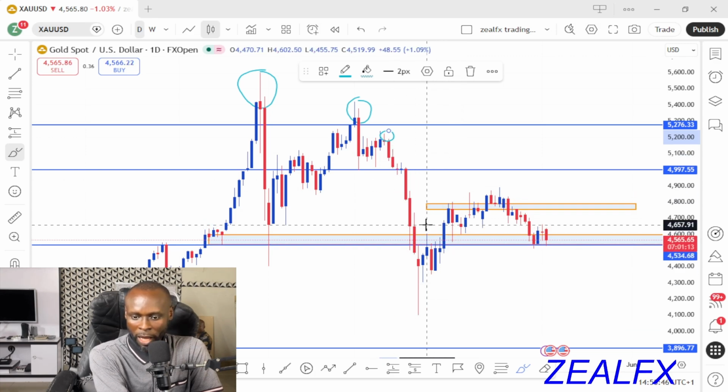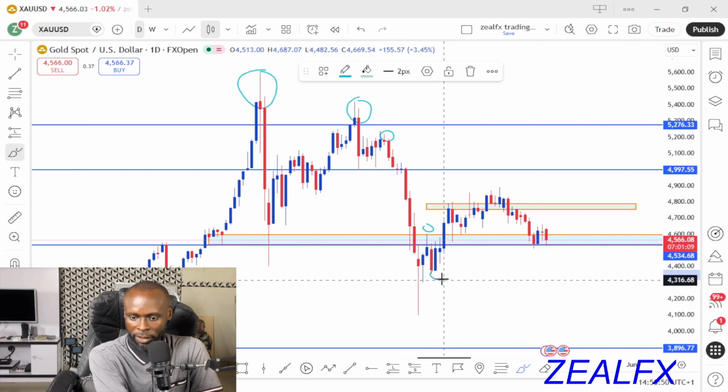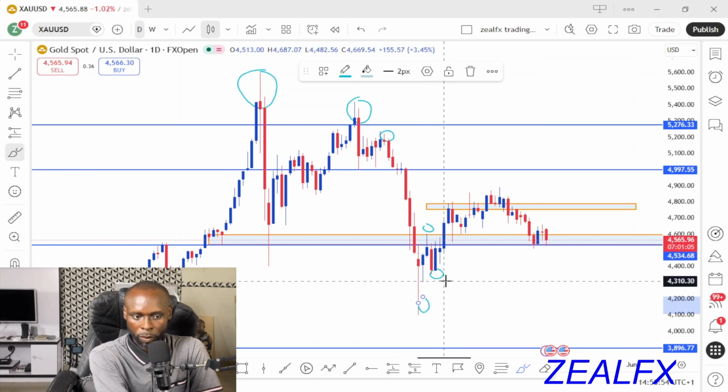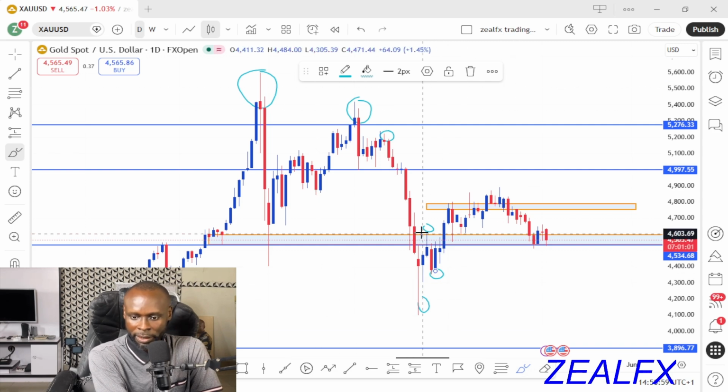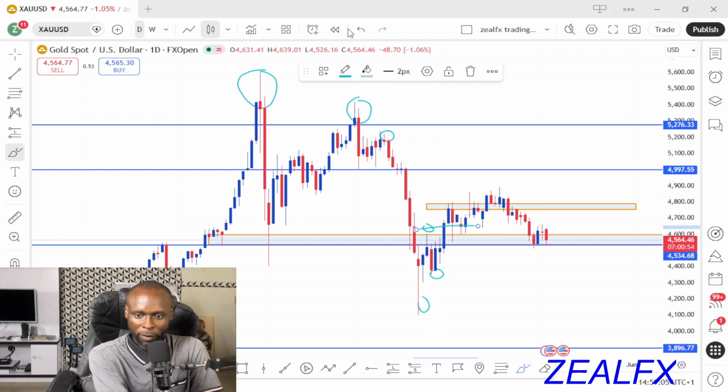Then we also have this lower high here. We can clearly see that price creates this lower low, then price creates a higher low. Then we can see that price breaks above this lower high level. This is an indication of a price reversal for gold to move to the top.